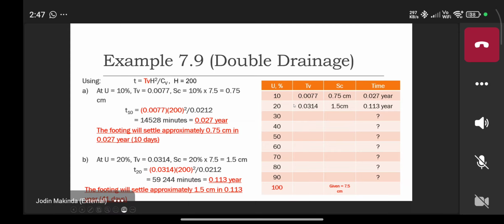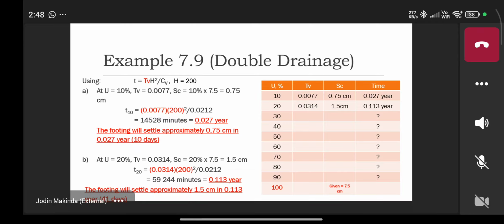How about time at 10%? So when we look into time, you go back to the equation. Time factor we know, 0.0077. H we know, 200 cm. CV we know, given 0.0212.